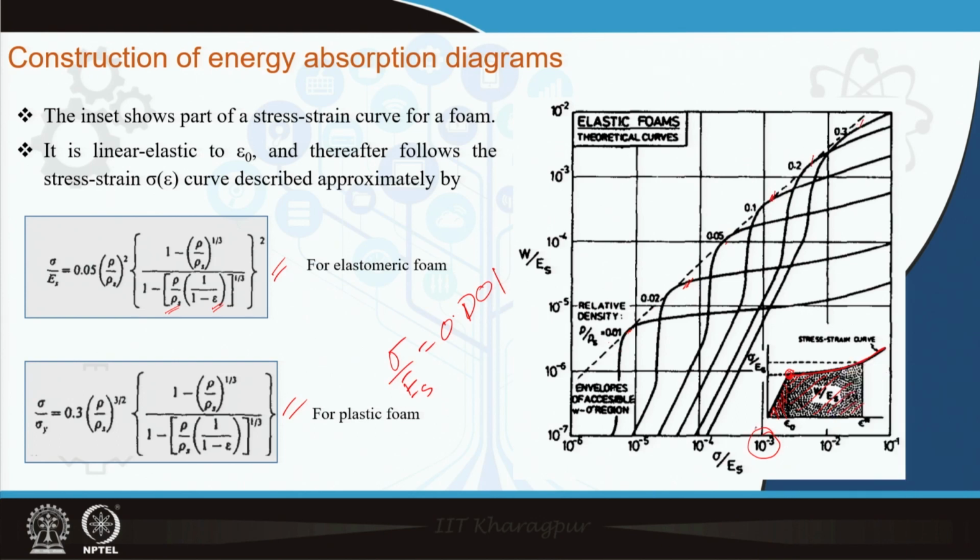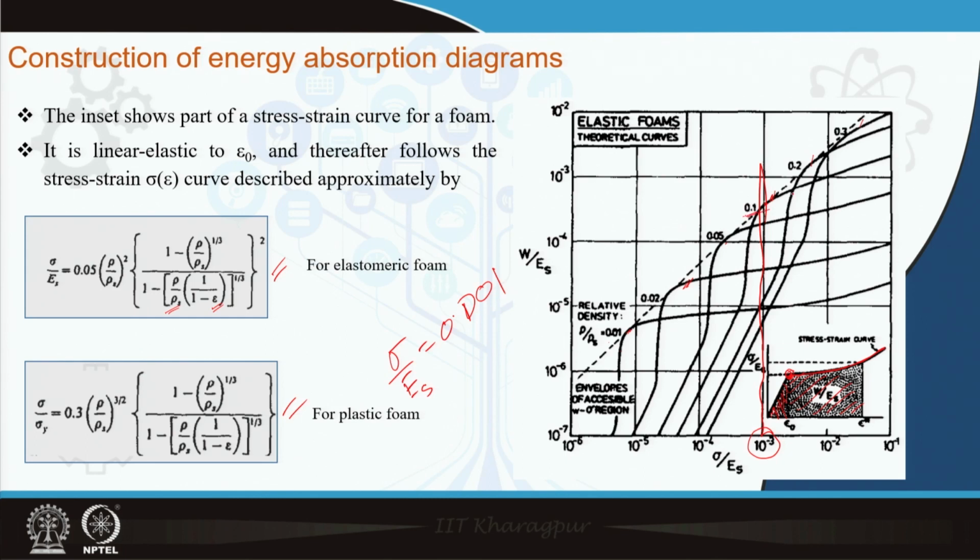So, what we have to do now is draw a vertical line from here. If we draw a vertical line from here, the highest curve that is cut in this case is the one for which rho over rho star is 0.1.